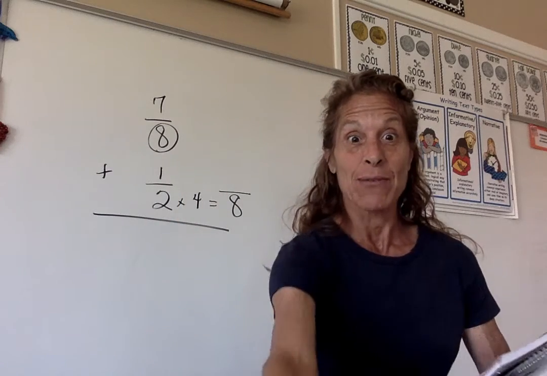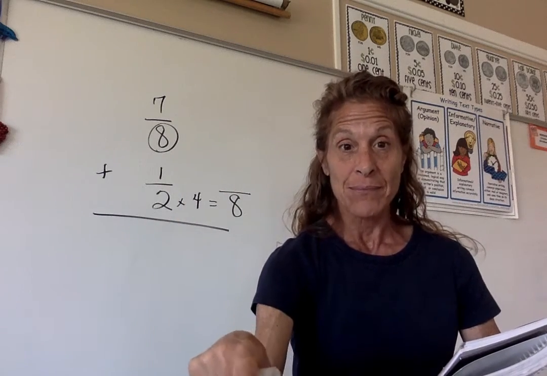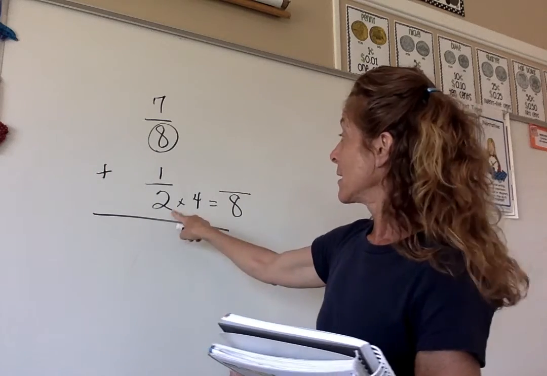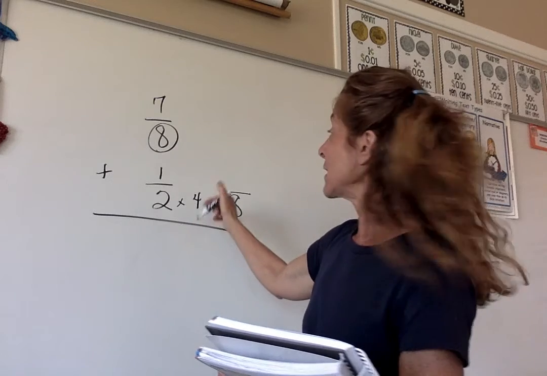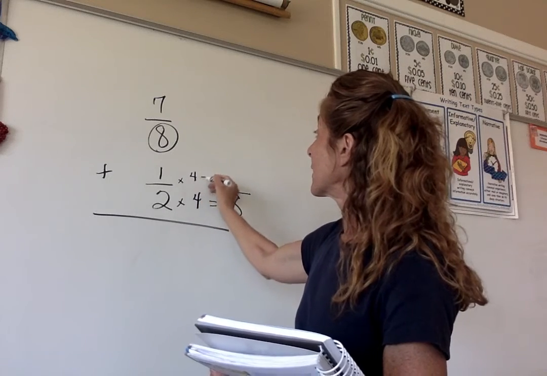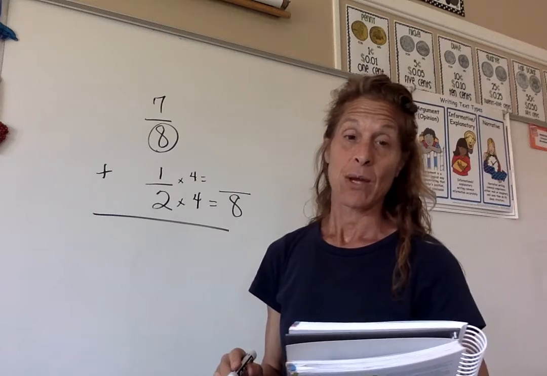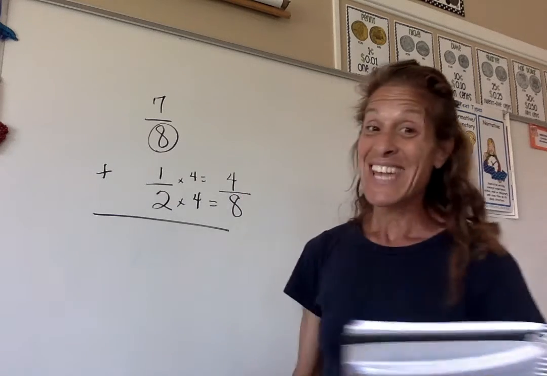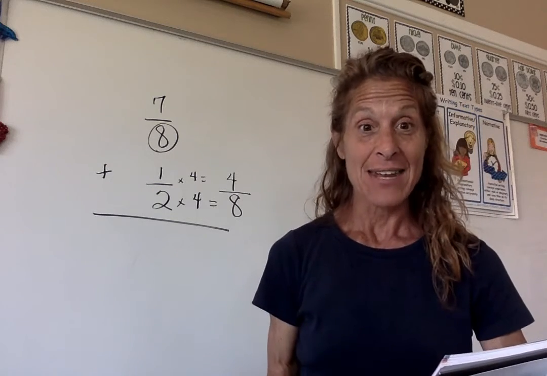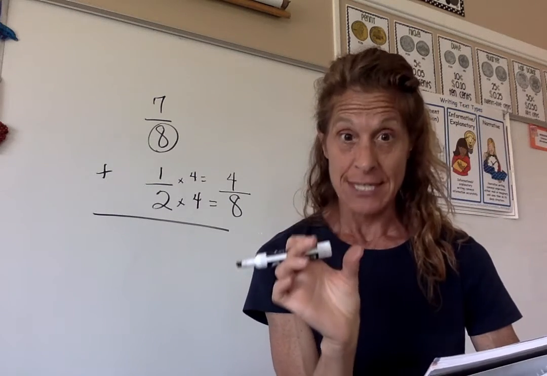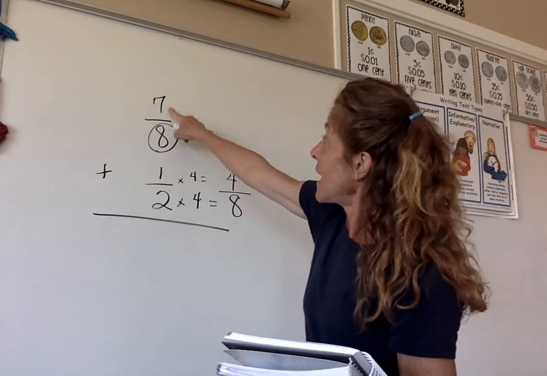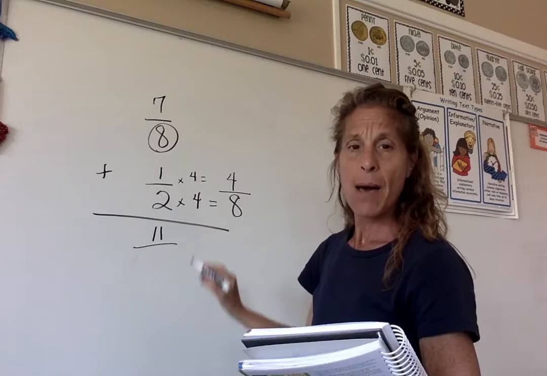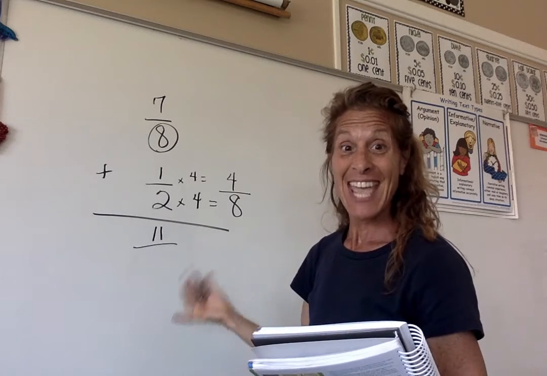Now we know that whatever you do to the top, you do to the bottom. Whatever you do to the bottom, you do to the top. So I multiplied 2 by 4. Now I need to multiply the top number by 4. 1 times 4 is 4. So now I can add because my denominators are the same. 7 plus 4 is 11, and my common denominator is 8.